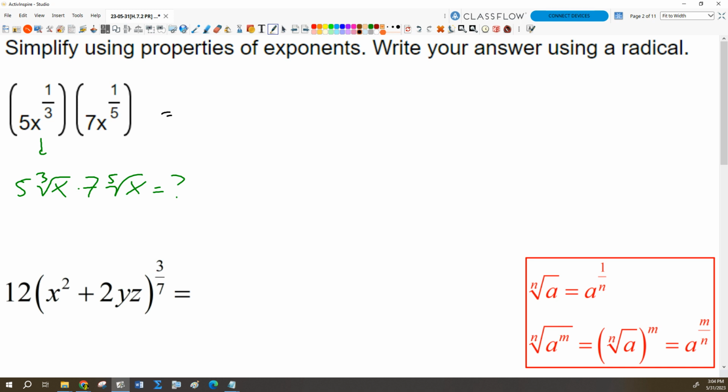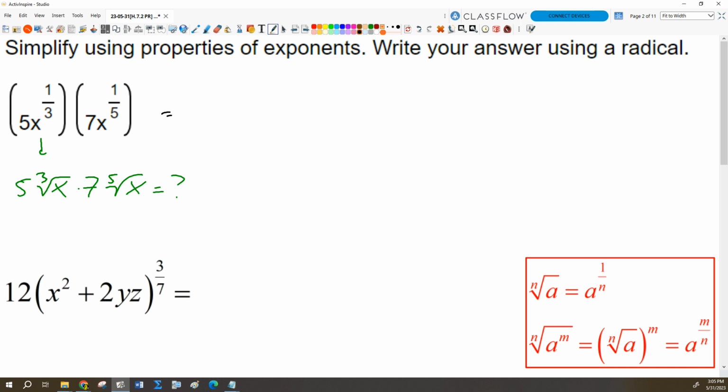What 4 things? You're right. Both of the powers and both of the coefficients, right? I've got 5 times x to the 1/3 times 7 times x to the 1/5. You're on the right track. So what would be a convenient way to commute those factors and change the order up? We can do that when we're multiplying stuff.